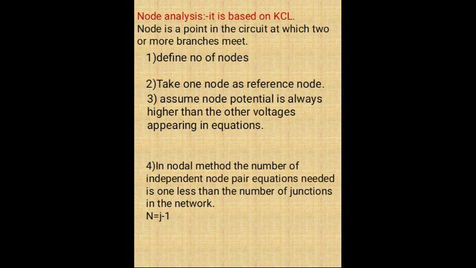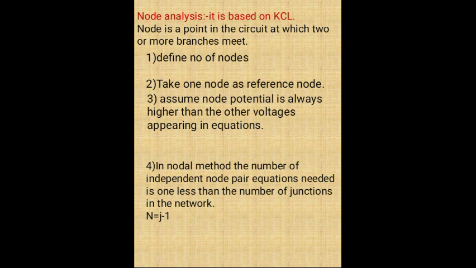Third, assume the node potential is always higher than the other voltages appearing in the equation. It means when we write the nodal equation, we have to assume that the node voltage is higher than the other voltages in the circuit.